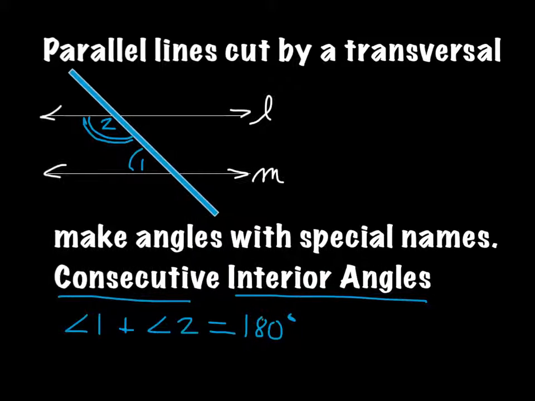They are interior angles because they live inside, in between the two parallel lines, but they are not alternate interior angles. They are living on the same side of the street, so they are called consecutive interior angles. Also, angles 3 and 4 would also be considered consecutive interior angles.